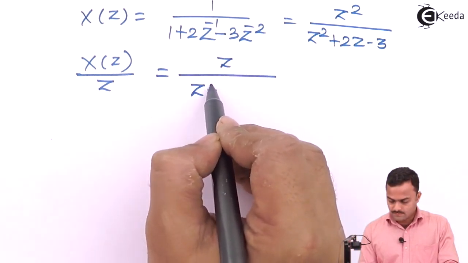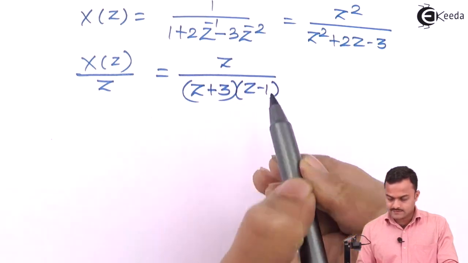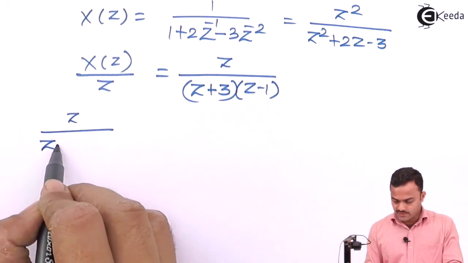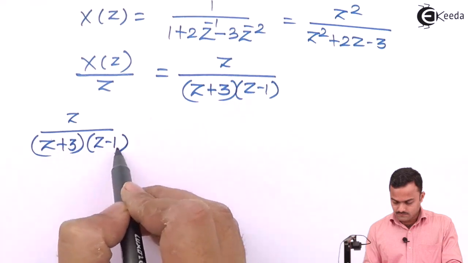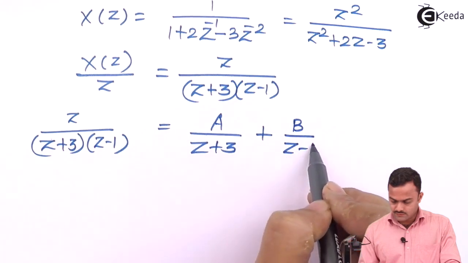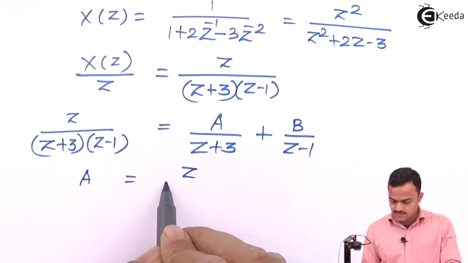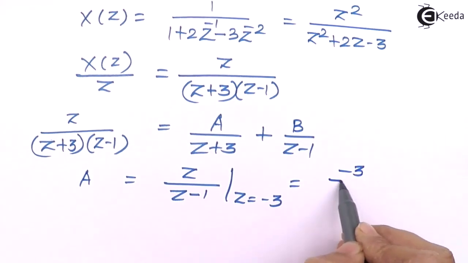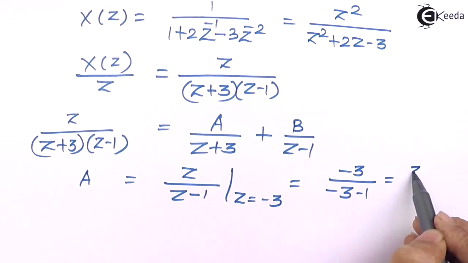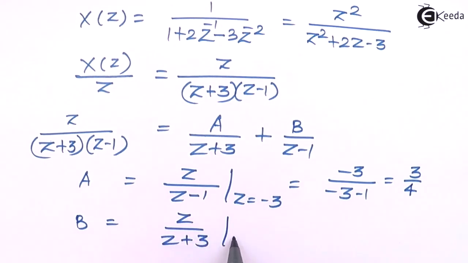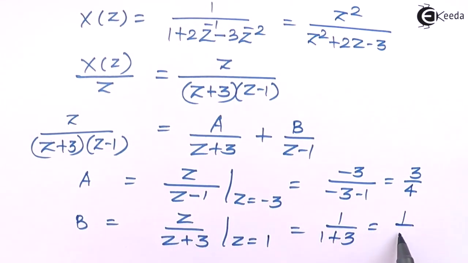For this purpose we simplify x of z by z as z upon z plus 3 times z minus 1, and we get the partial fraction as a upon z plus 3 plus b upon z minus 1. a is obtained by putting z equal to minus 3, which is minus 3 upon minus 3 minus 1, so it is 3 by 4, and b is z upon z plus 3 for z equal to 1, which is 1 upon 1 plus 3, 1 by 4.